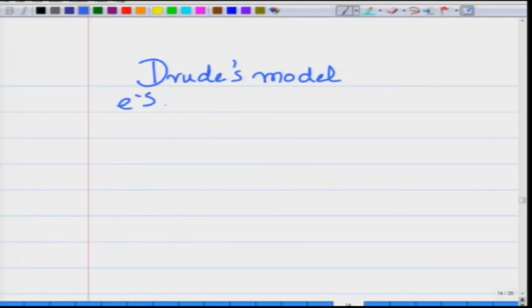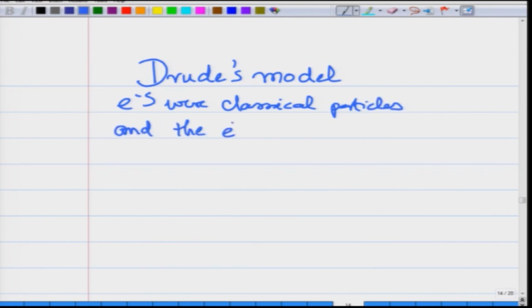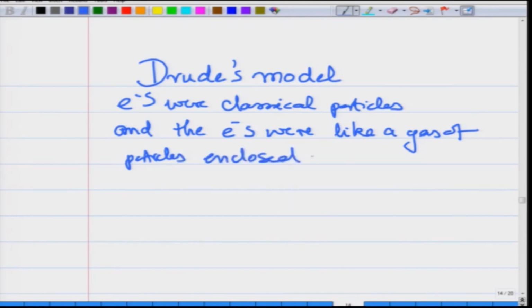He considered that electrons were classical, like a gas of particles enclosed in a box, the box being the metal in which the electrons are present.